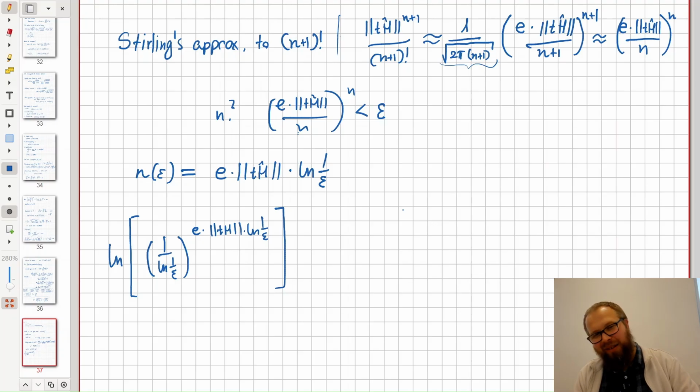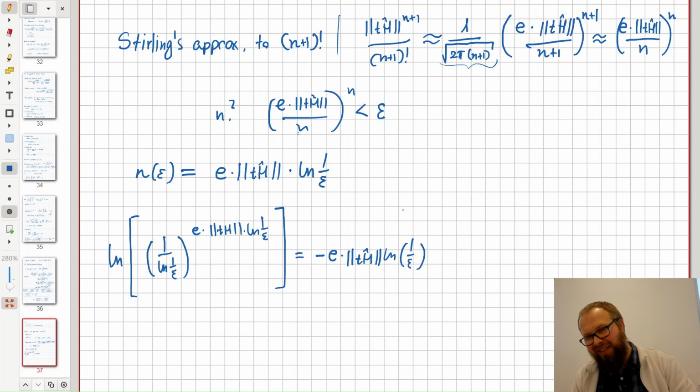So this thing equals, minus e th, because I'm using logarithm to get the power from here to in front. Logarithm 1 over epsilon. And logarithm of logarithm 1 over epsilon.